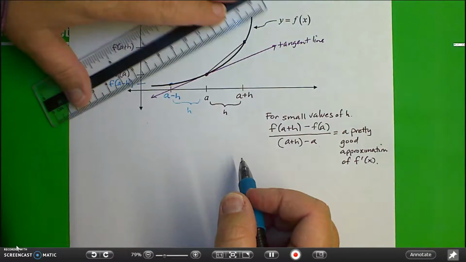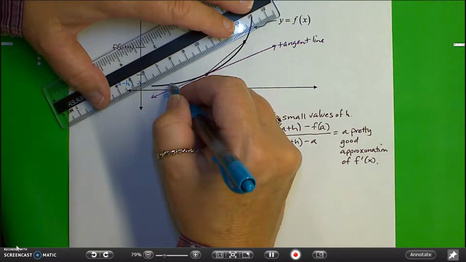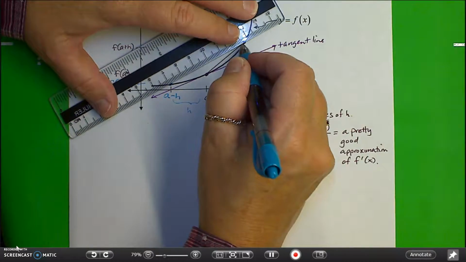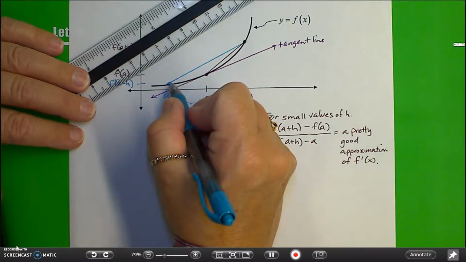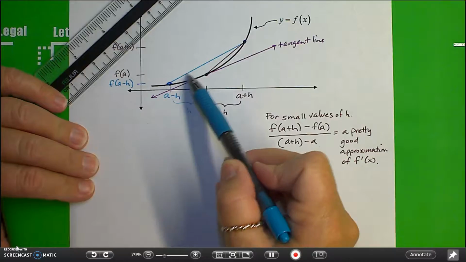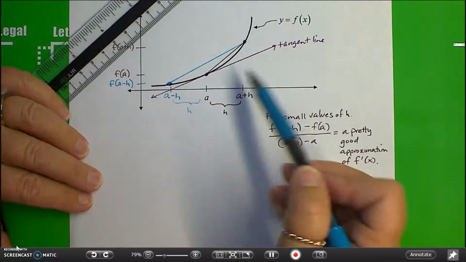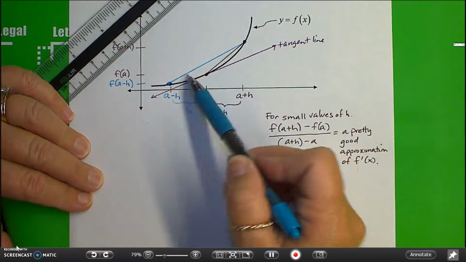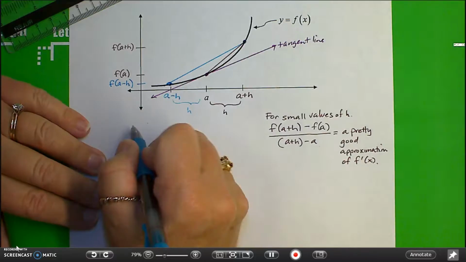And if I look at the slope of that secant line, my drawing's not exactly perfect here, so I'm going to cheat a little bit. But if I look at that secant line, you can see that the slope of that is much better. And in fact, if I had drawn it right, the slopes would be pretty much the same because they would be parallel lines.